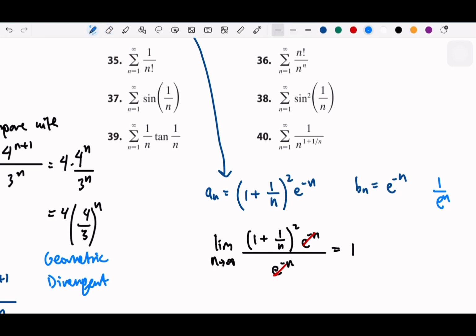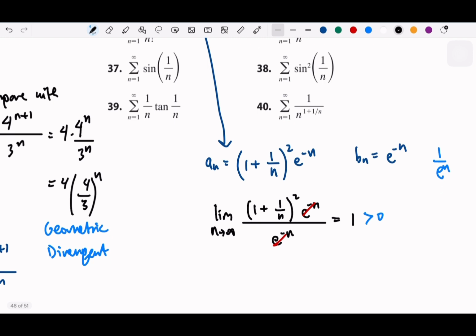And then we finally get the result directly. So this will be positive, right? And then the series bn is convergent. Let me write by geometric series.